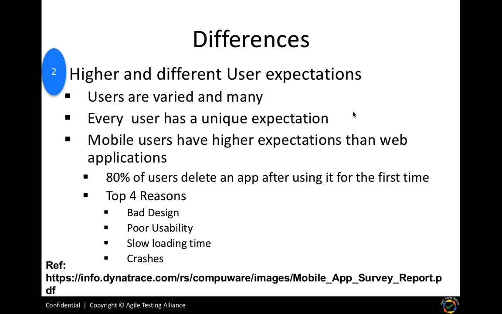It was so annoying that a lot of users deleted their apps right after the first use. Then it took about 3 to 4 weeks for ICICI Bank to figure out the problem, and then they had to make sure that they provide more stability to the app. They changed the design of their app so that it is much more user friendly, and that is where the app was launched again.